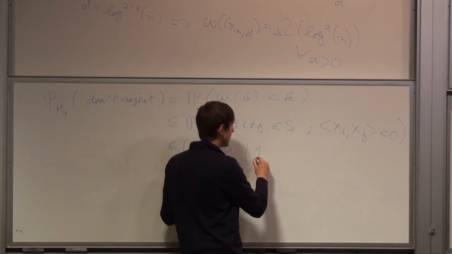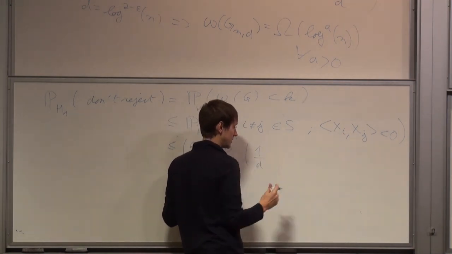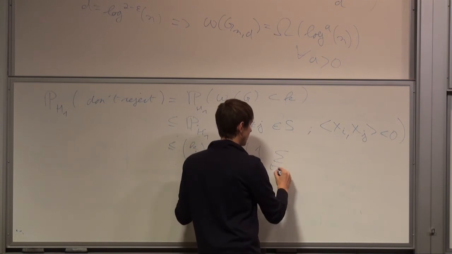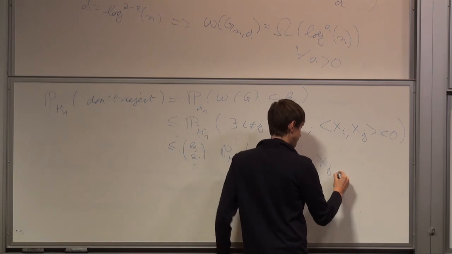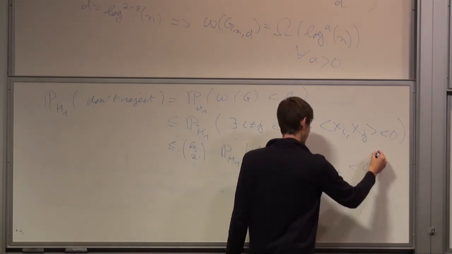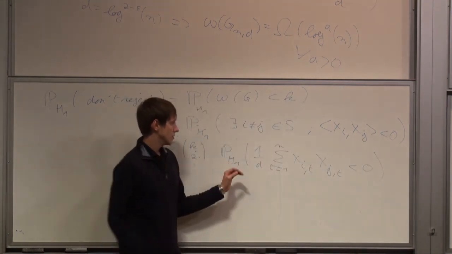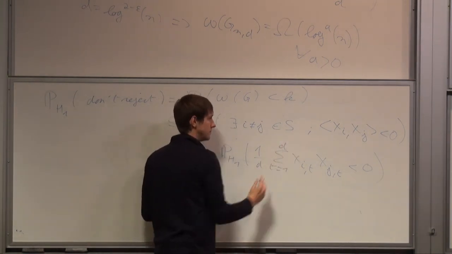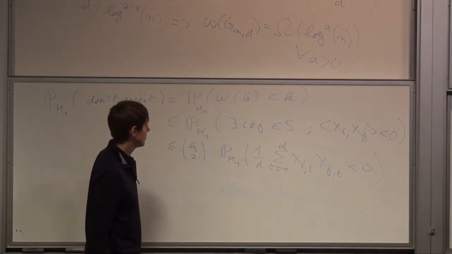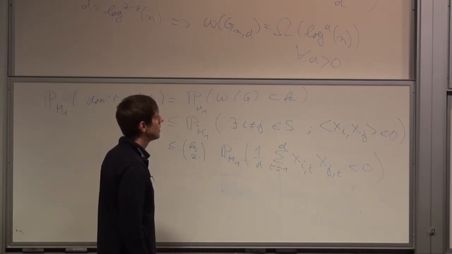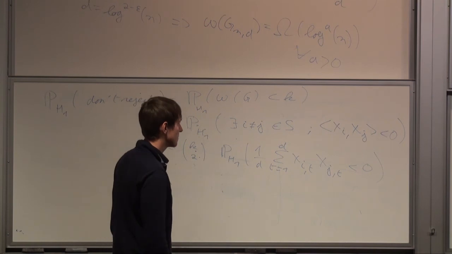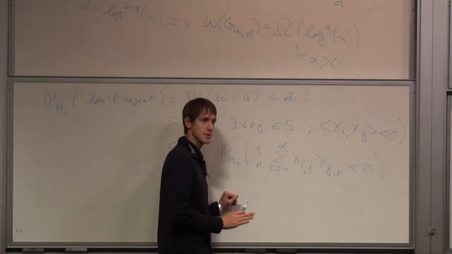Let's rescale it by 1 over d, it doesn't change anything for whether or not it's positive. 1 over d, the sum for t equals 1 to d, xit xjt is negative. Yes, it's up to d, the dimension.